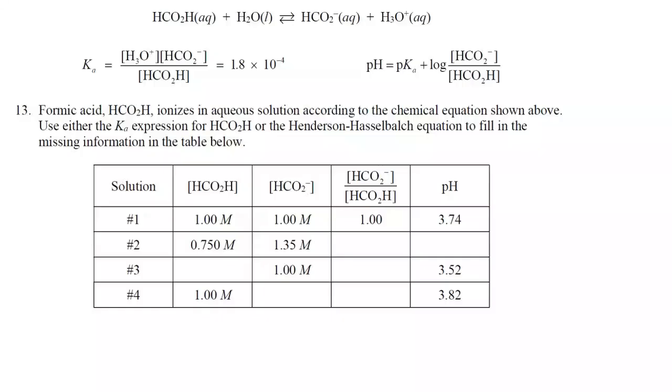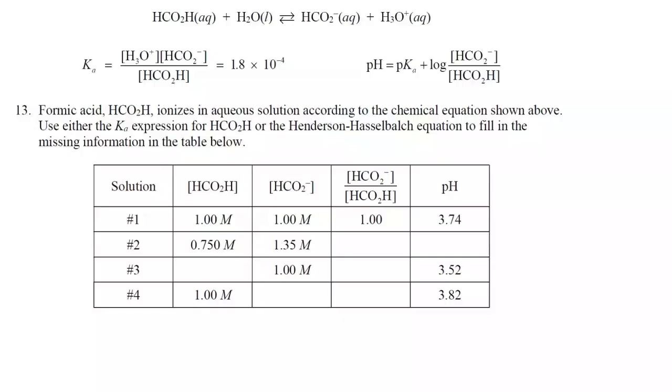We are given the Ka expression for formic acid, and the value of Ka is 1.8 times 10 to the negative 4. We're also given the Henderson-Hasselbalch equation, in which we have pH equals pKa plus the log of the ratio of the concentration of the formate ion over the concentration of formic acid.